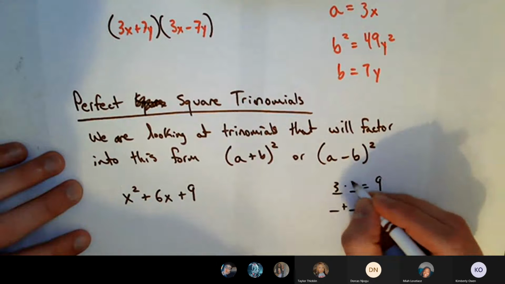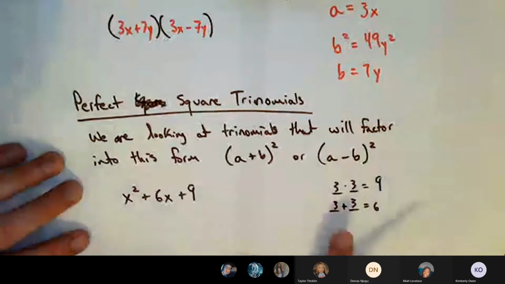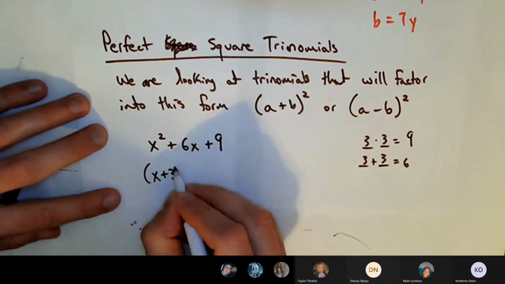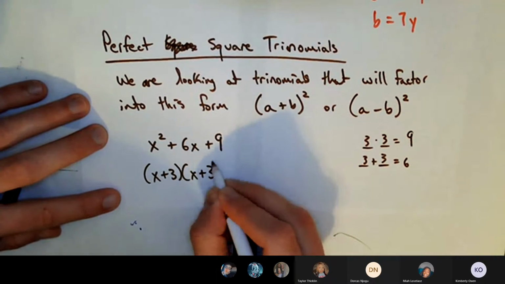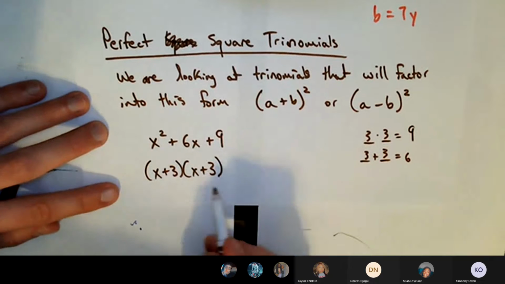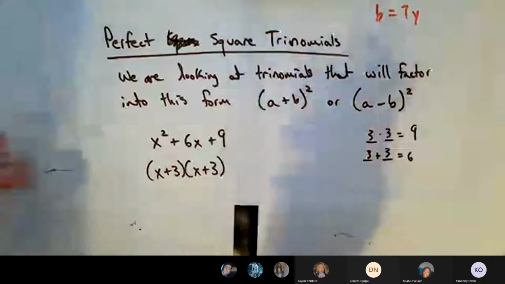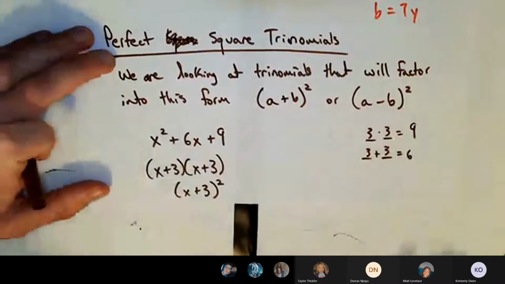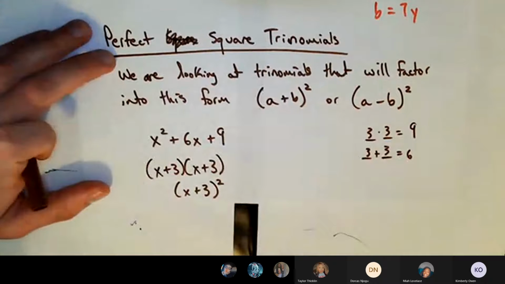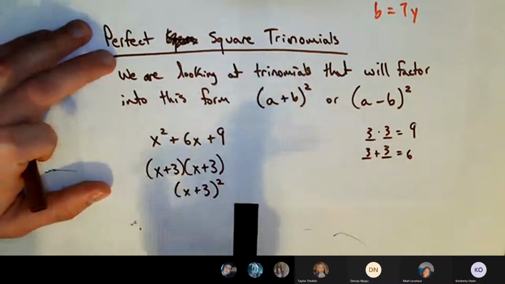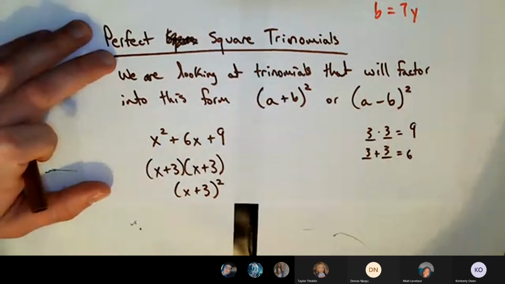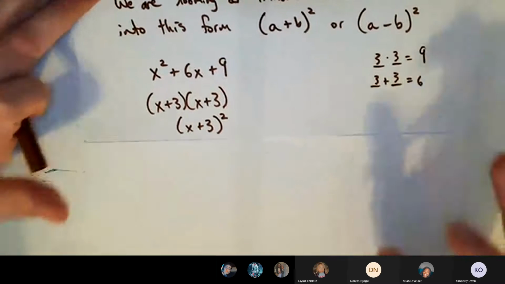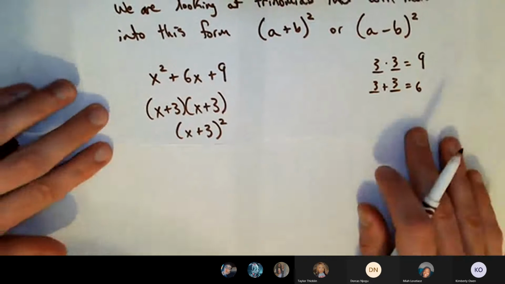Thinking, we get 3 and 3. So we're seeing a repeat. They're both positive 3s. So if I jump straight to the factored form, the point is they're repeated, so I can put them together and say this is just the same as x plus 3 all squared, meaning this term times itself. So that's one example of a perfect square trinomial.